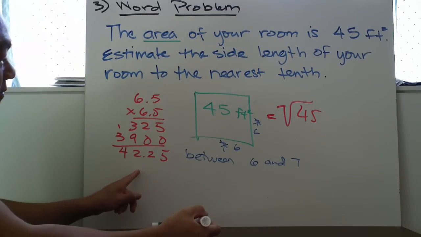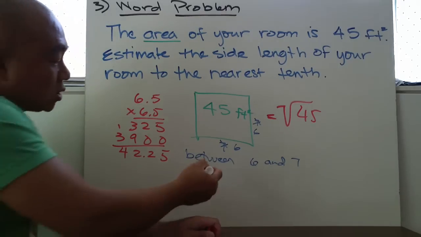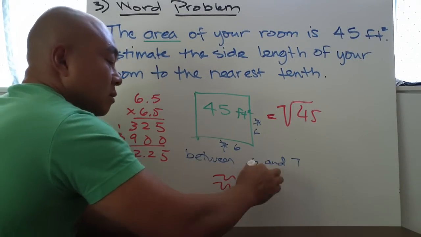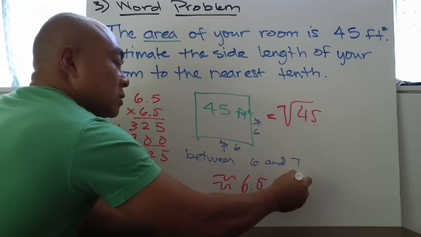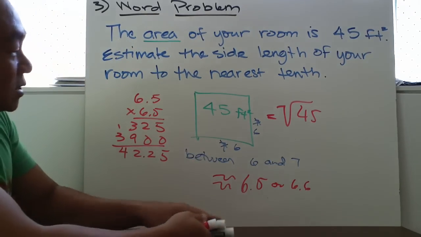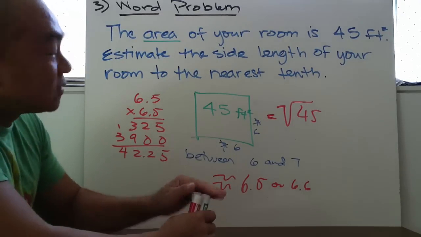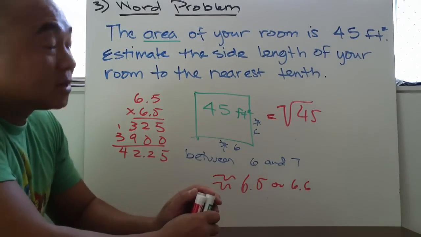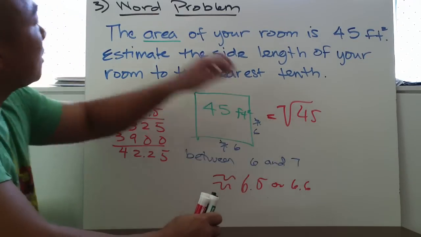That's pretty close. So I'm going to say this is about 6.5 or 6.6, somewhere about there. So this one you're going to have to do a little bit of guessing and checking. This is just your basic type of word problem with certain numbers that are not perfect squares.